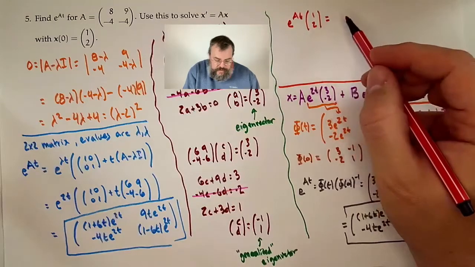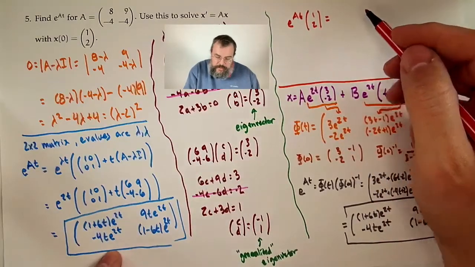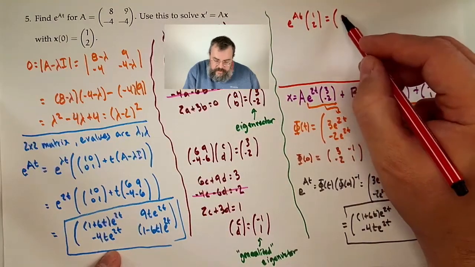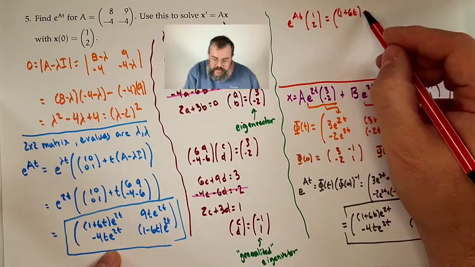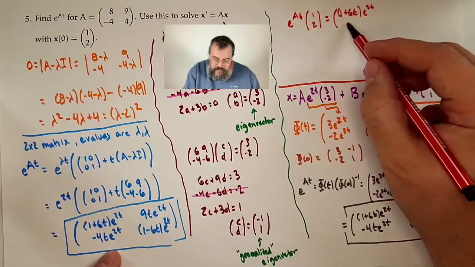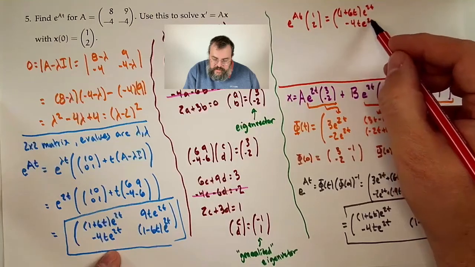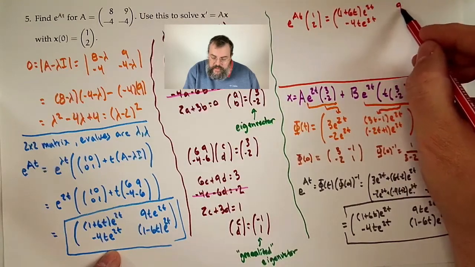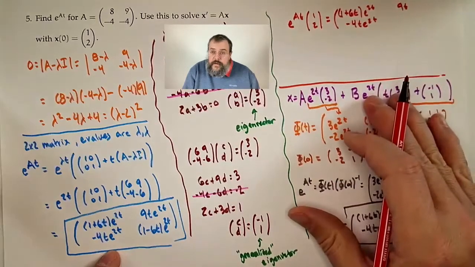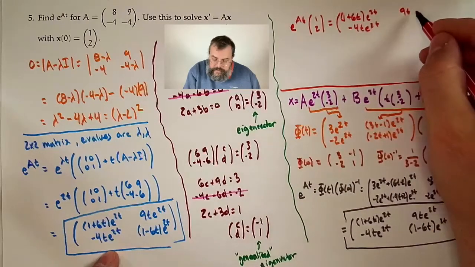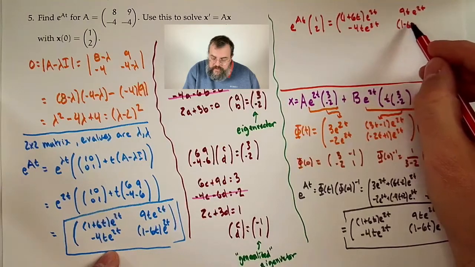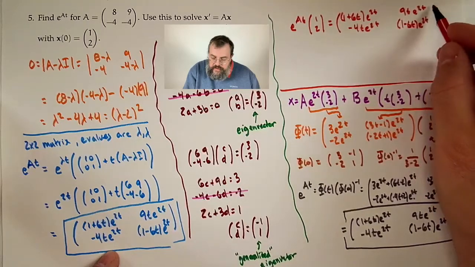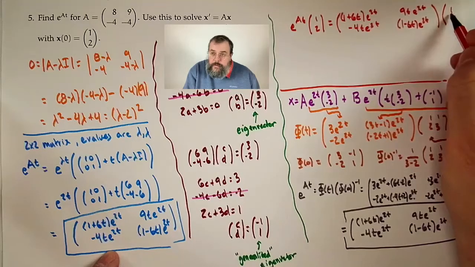So we just copy from here. Okay, so 1 plus 6t times e to the 2t, minus 4t e to the 2t, 9t e to the 2t, and 1 minus 6t e to the 2t, times 1, 2.